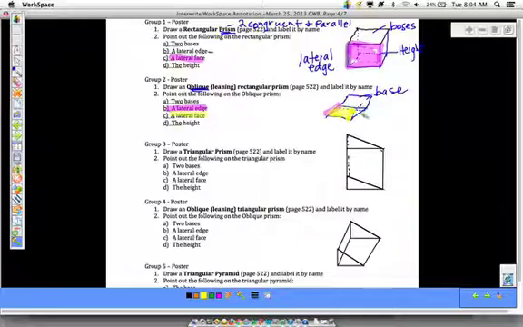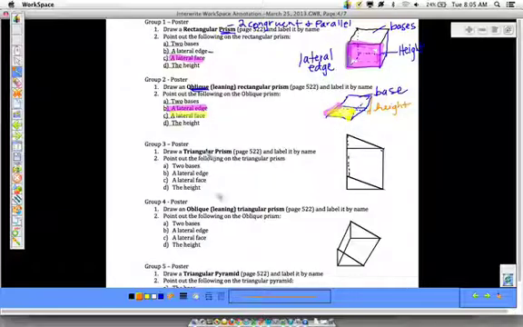It could also be that other side. And then the height, this is where it's different. The height is actually the altitude. So we're going to do orange. The height is that perpendicular height to the ground. So this is the height. So that's the main difference between a rectangular prism and an oblique rectangular prism.